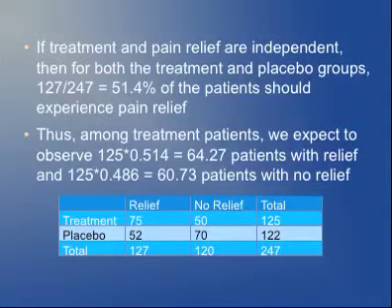You can take the column sum, which is 127, and the row sum, which is 125, multiply those two together, and then divide by the total. If you do that, you get 64.27. For no pain relief, you get 125 times 120 divided by 247, which turns out to be about 60.73, and then repeat this for each possible cell.